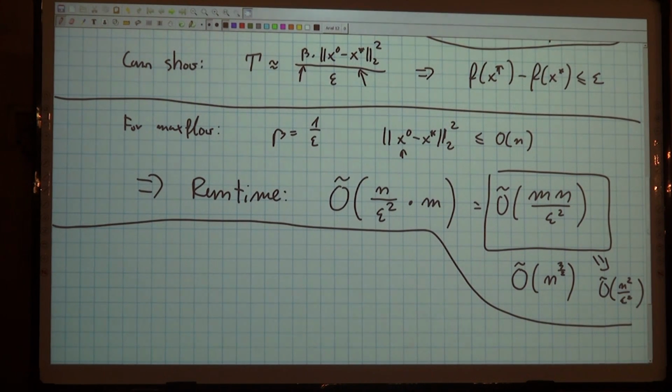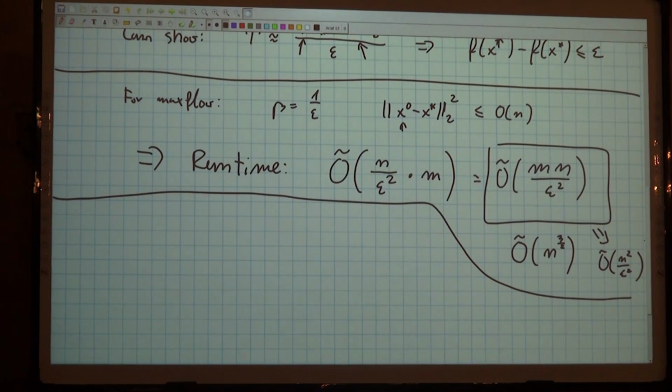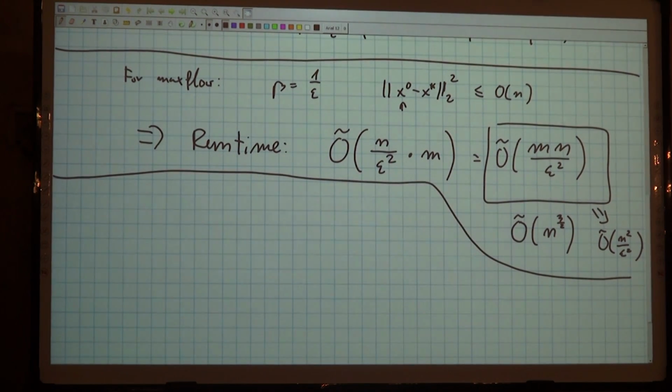Well, it turns out that this is what you get by fairly standard things, but very quickly, once you understand what the problem you are trying to solve is, you can get a more refined way, a better version of gradient descent, to solve this particular problem. Okay, and the point to start from, to come across a better method for solving max flow in this framework, is to take a look at this thing.